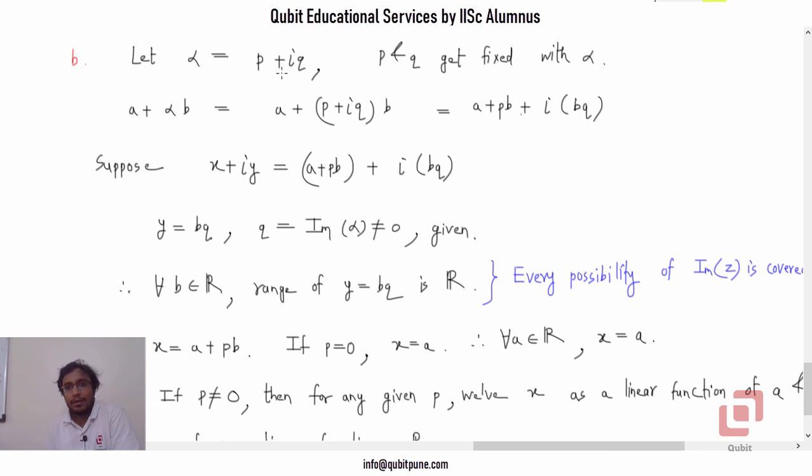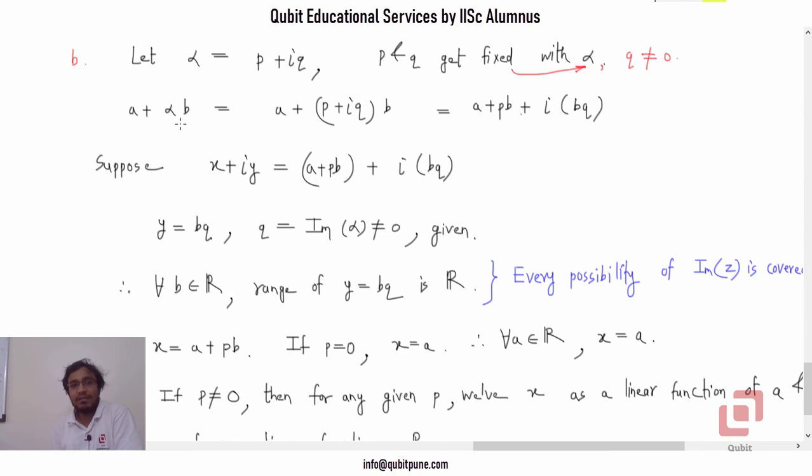As alpha is fixed, because we are not putting any restriction on that, we want the set a plus b alpha to represent all complex numbers for any value of alpha. So p and q get fixed with alpha, and also q not equal to 0, we know that.